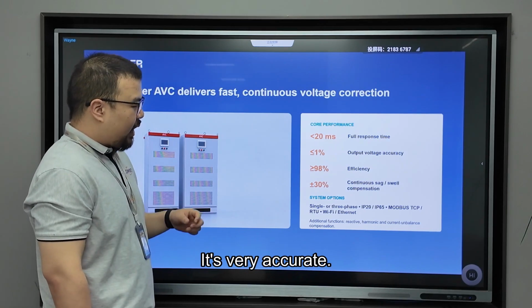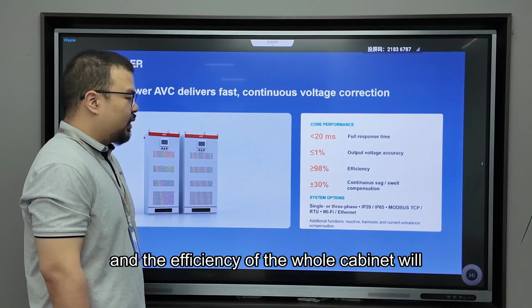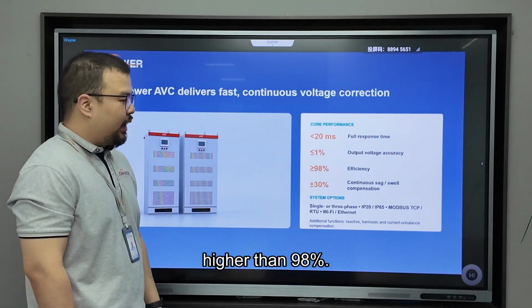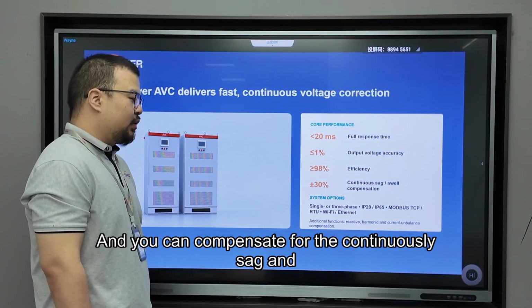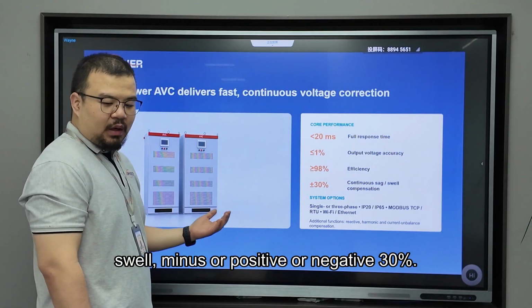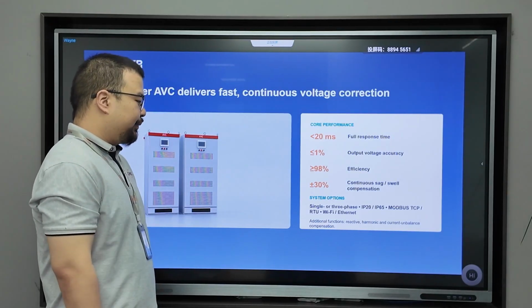It's very accurate. The efficiency of the whole cabinet is higher than 98%, and it can continuously compensate sag or swell of positive or negative 30%.